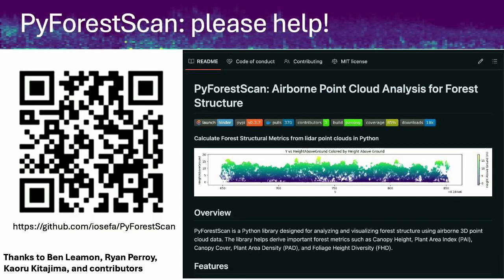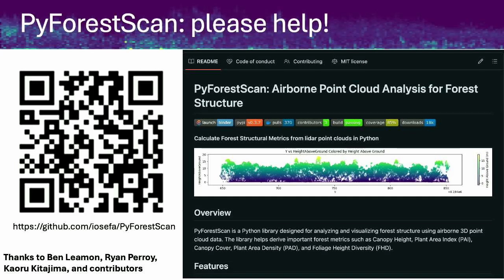Answer: If you're calculating something like leaf area index from optical data, it's a whole different way of calculating the metrics. This is using forest structure, and these metrics are really geared towards forest structure, purely from the LiDAR. I haven't spent so much time with the optical data sets.